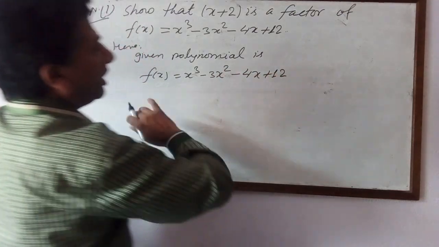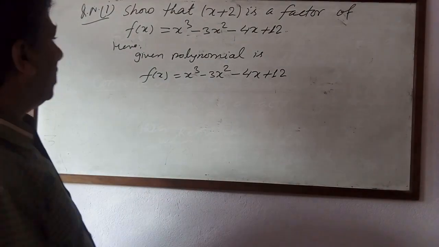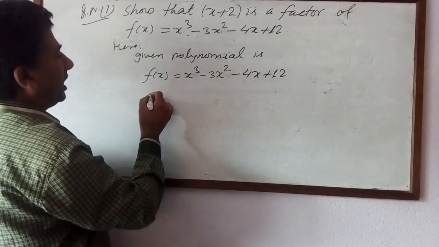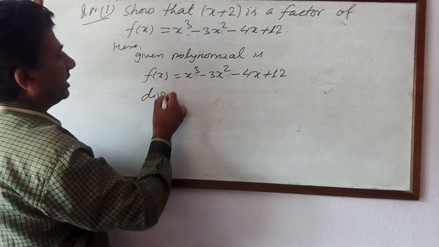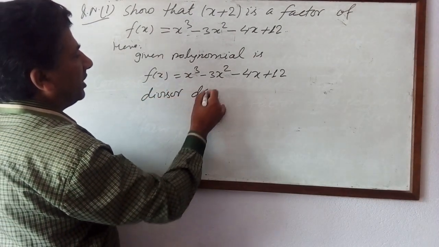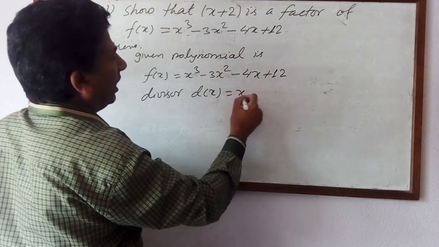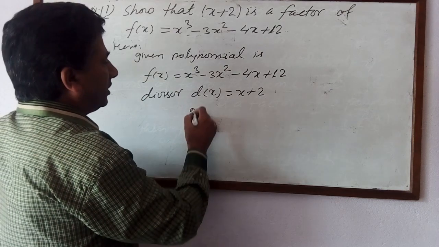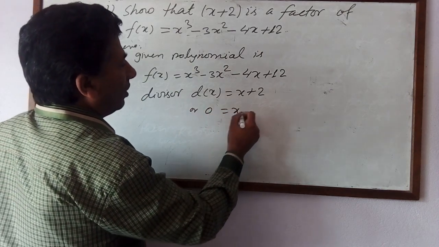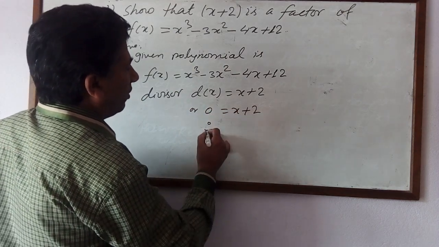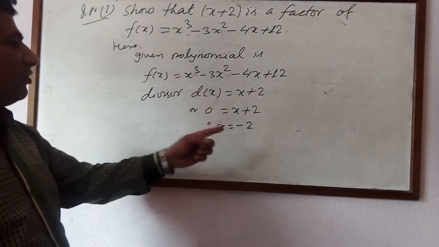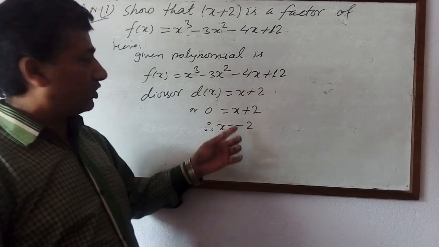Now we have to prove this is a factor, so that is the divisor. Divisor d(x) equals x plus 2. Now make it 0: x plus 2 equals 0, therefore x equals minus 2. Now from this divisor we found the value of x equals minus 2.